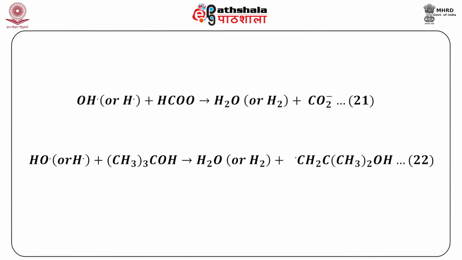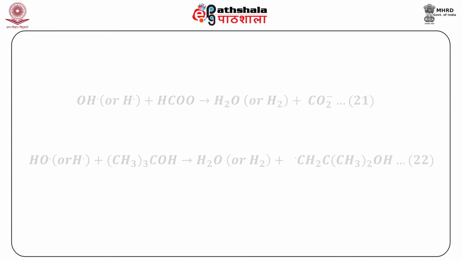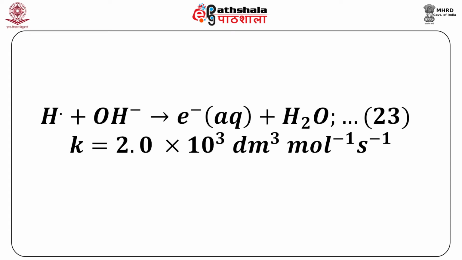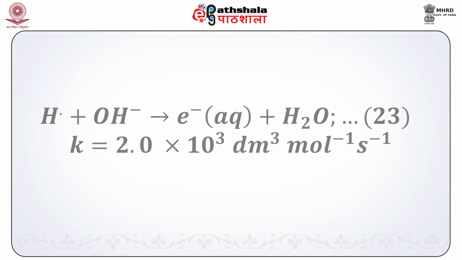The hydroxyl and H radicals are often separated by shifting reactions such as those with formate ion or tertiary butyl alcohol, giving CO2 radical with a minus sign. The hydrogen atoms in alkaline solution are converted into hydrated electrons, as you can see in equation 23.